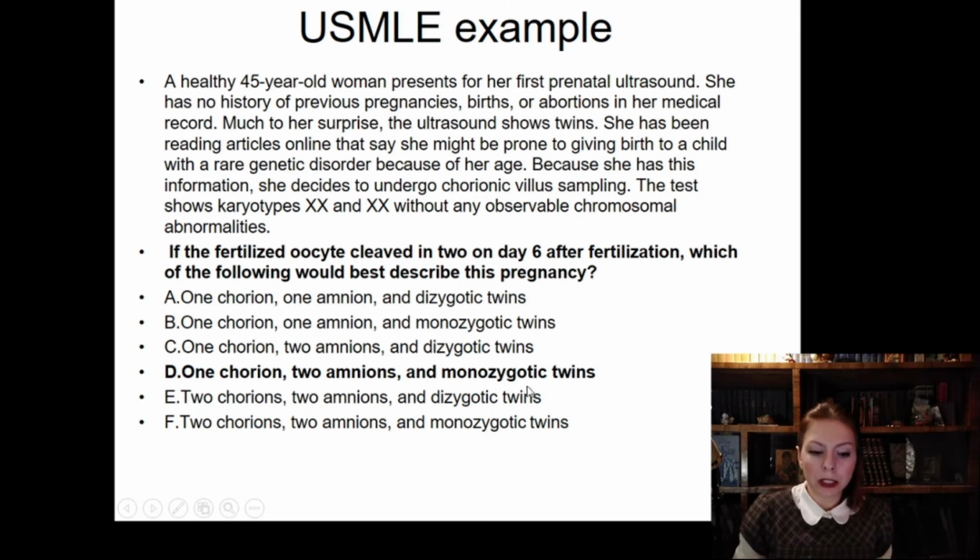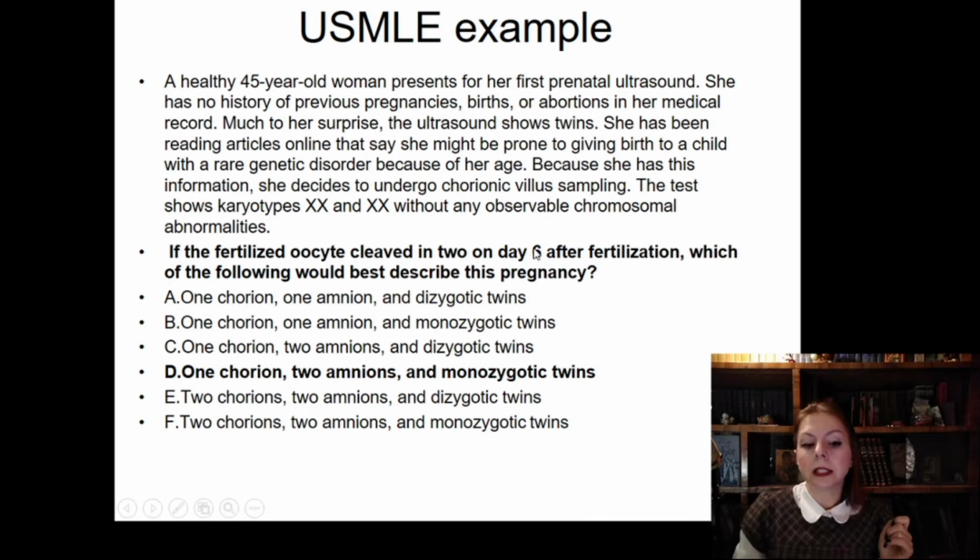And we can see among the options dizygotic and monozygotic twins. In every case it is mentioned. If we see that a fertilized oocyte cleaved in two, it means that the same zygote gives rise to different fetuses. In this case we can exclude dizygotic twins, only monozygotic, because the same fertilized oocyte splits into two.